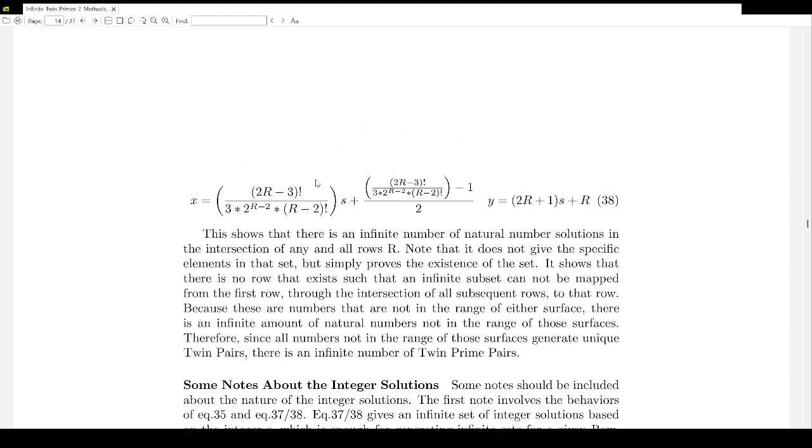And here's a generating function that can show you which ones will never be on that surface.